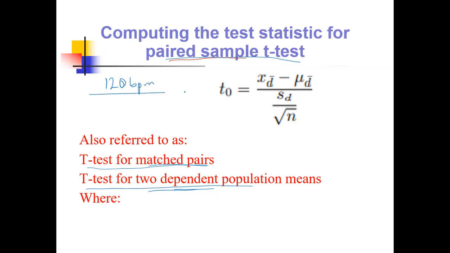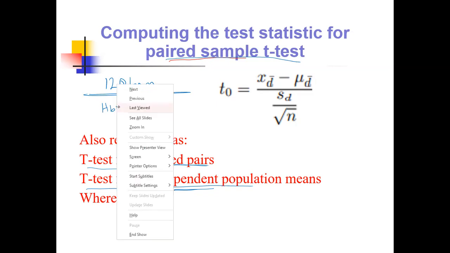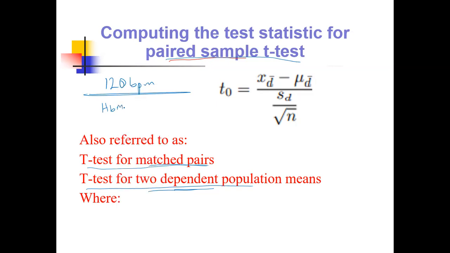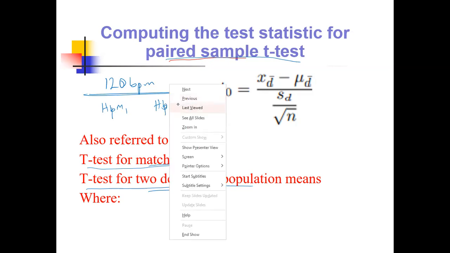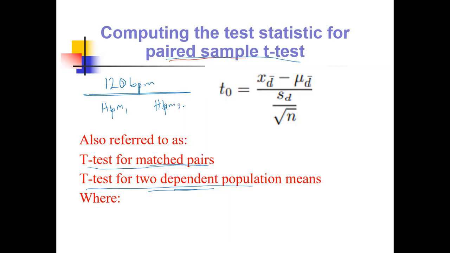If I decide to assess the impact of exercise on people's heart rate, I could take the heartbeat per minute before the exercise, and I could take another record of heartbeat per minute after the exercise.